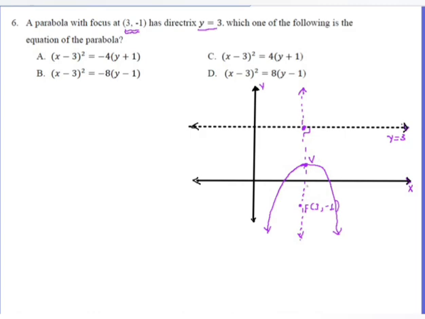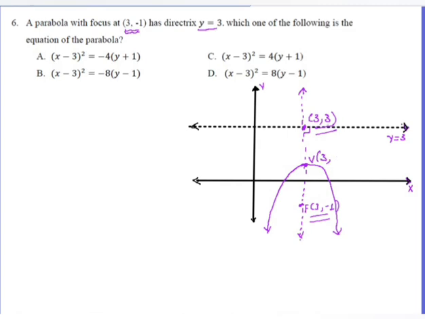Since this vertex is a midpoint for the focus and the point on the directrix, at this point the value of x is 3, because vertically the x value is common, and the y value is 3. So the vertex is the midpoint of the points 3, 3 and 3 comma minus 1. So the first entry will be 3.